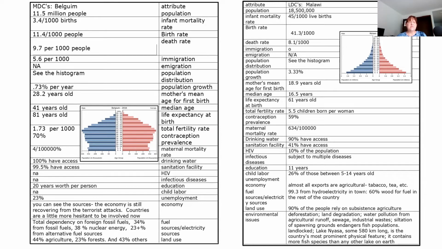Infectious diseases in sub-Saharan Africa are so prevalent that 1.5 million children die each year from waterborne diseases that we don't even have to deal with. The population tends to be young. The women are having an average of 5.5 children per woman in Malawi.